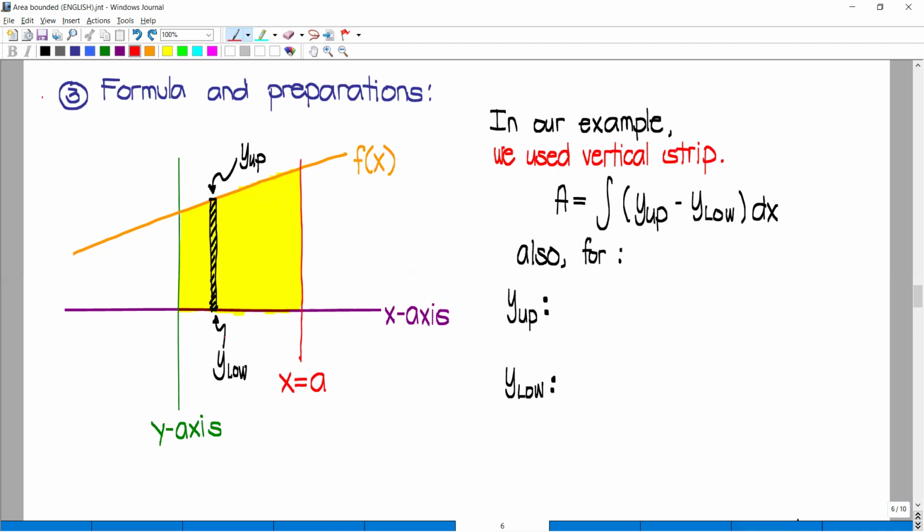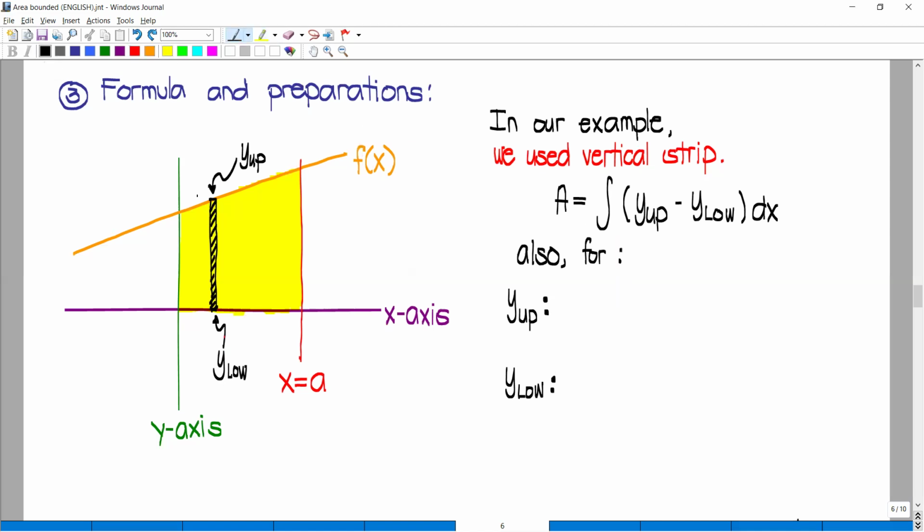So first, for our third step, we must know what the formula is. Since we use a vertical strip, it is understood that the formula is y up minus y low. So these two quantities, the y up and the y low, must be prepared. Now we are going to prepare the y up and y low.